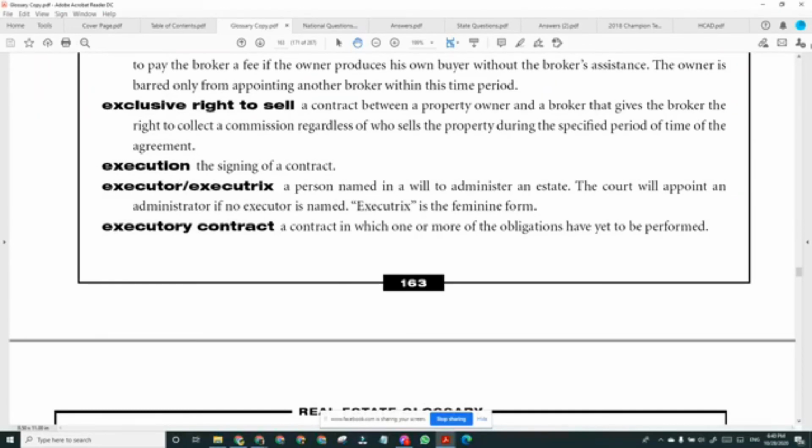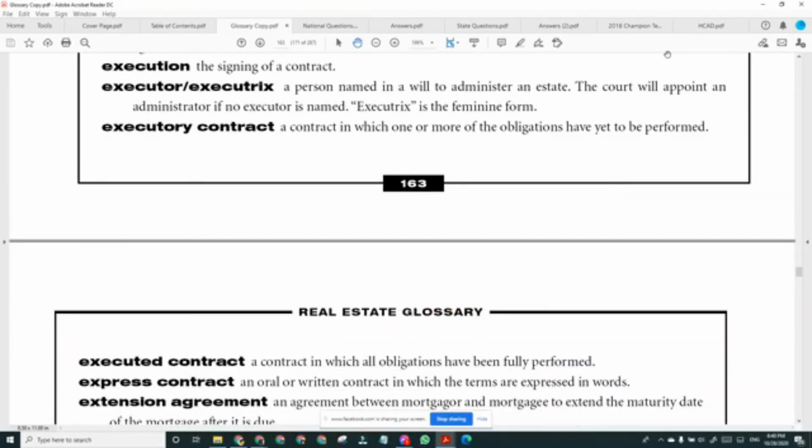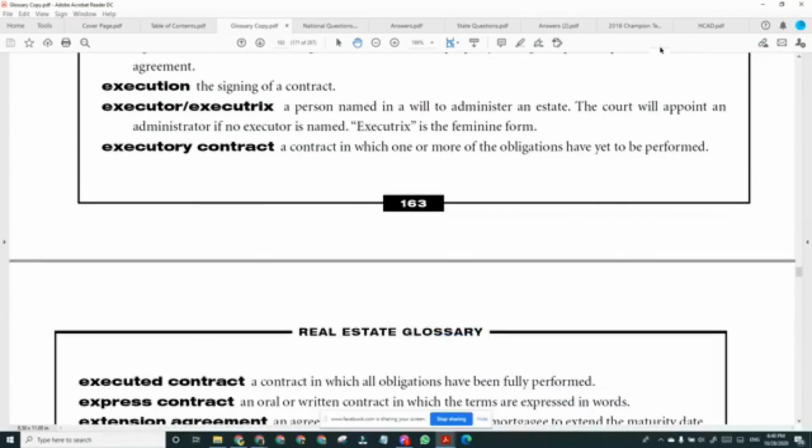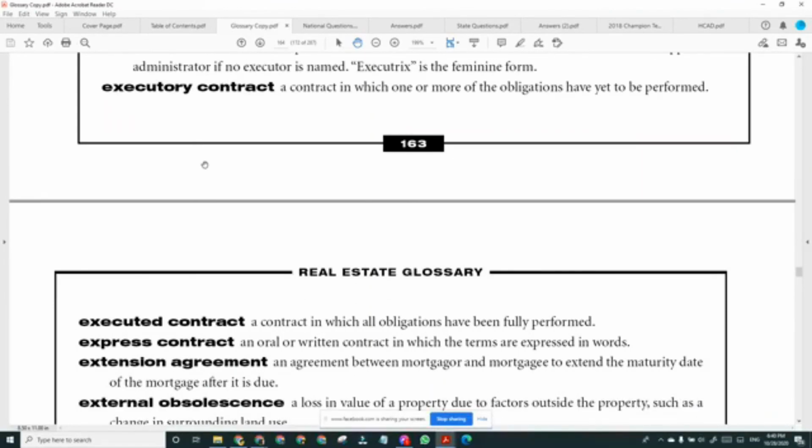So we're 40 minutes into it. So for vocabulary, we will start with executed contract. Okay, executory. Okay, executed contract.